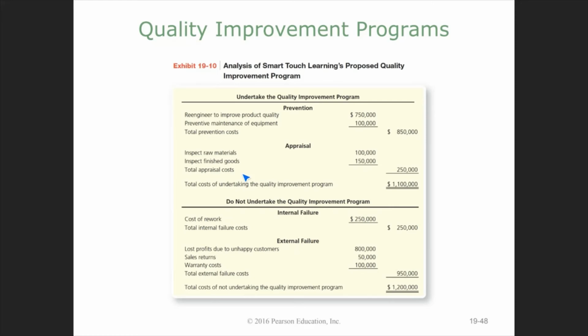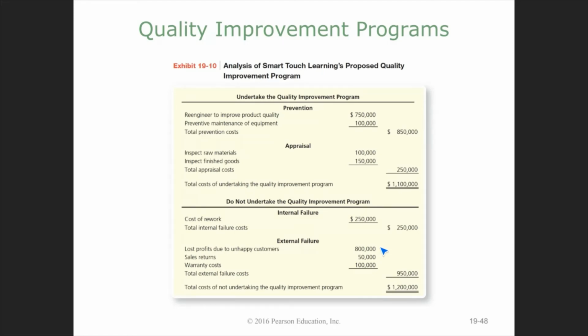So we expect our internal failure cost, if we have to rework it, to be $250,000. For external failure, if we have a loss of profits due to unhappy customers, we are thinking that might be $800,000. Sales returns, people are returning their products, we think that might be $50,000. Warranty cost.